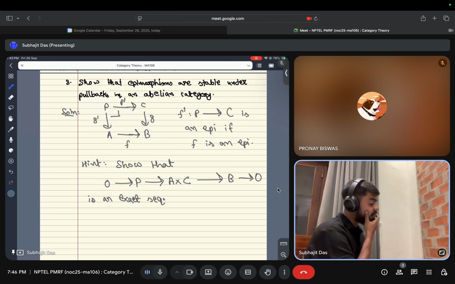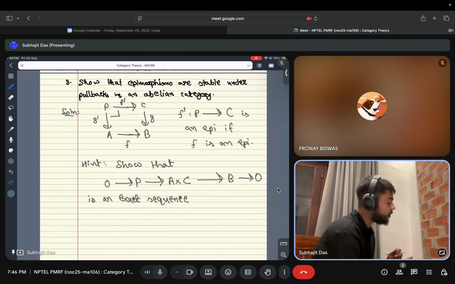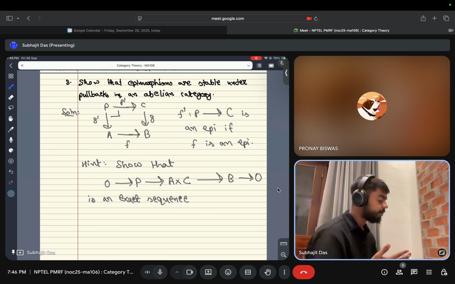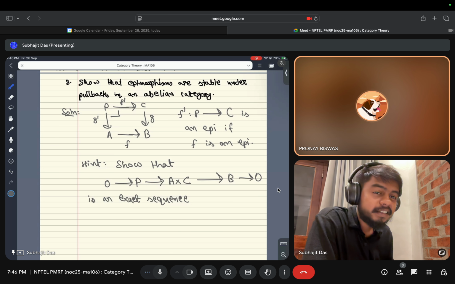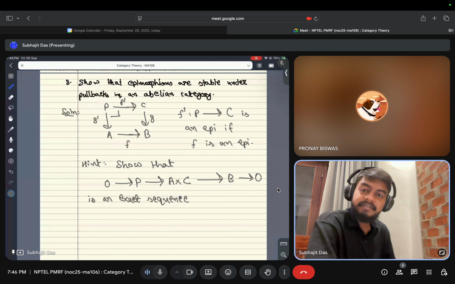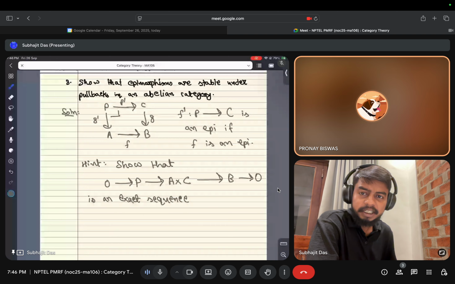And what map do you have from A cross C to B? But F and G are not composable, right?